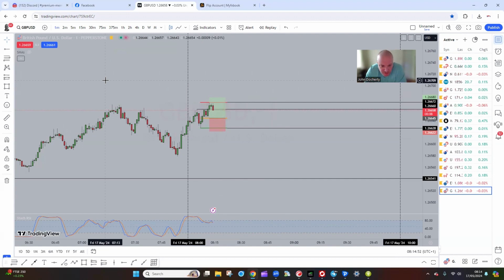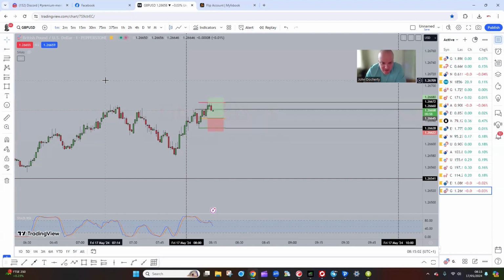So here comes a push down. We'll just see if we'll get a touch into price. See, as we're coming up, could be forming a new low, like a lower low, because we've got a high. We could be getting a higher low, sorry.